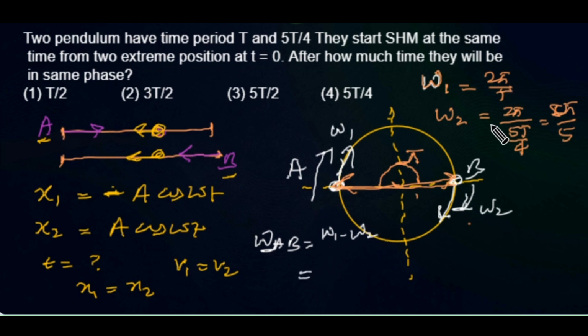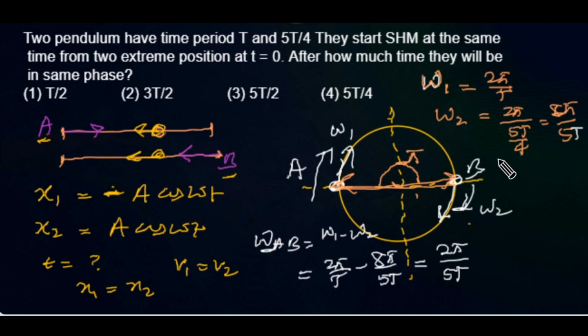And what is ω1 minus ω2? It's 2π/T minus 8π/5T. The LCM is 5T. 10 minus 8 is 2. So it's 2π/5T. This is the relative angular velocity, 2π/5T.